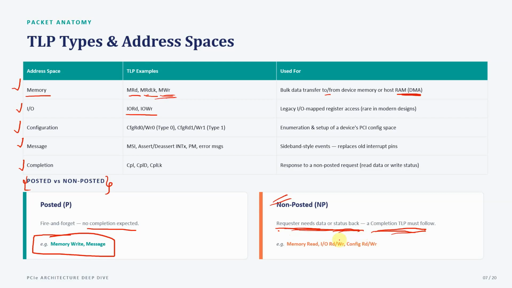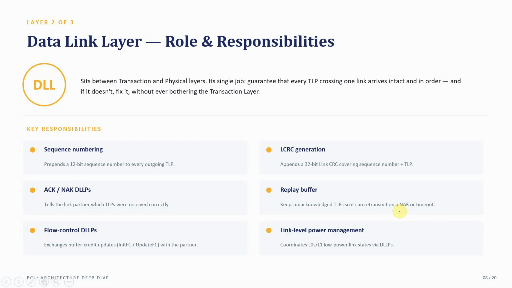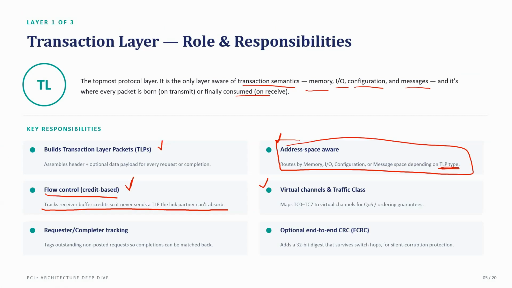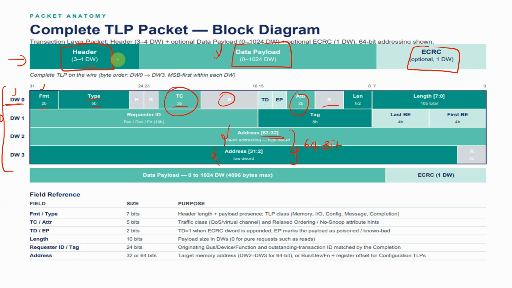A completion TLP must follow it. For example, you can use it for memory read or IO read write or configuration read write. So this was about your transaction layer, where we have discussed this particular type and format and traffic class, and this is what we have discussed.